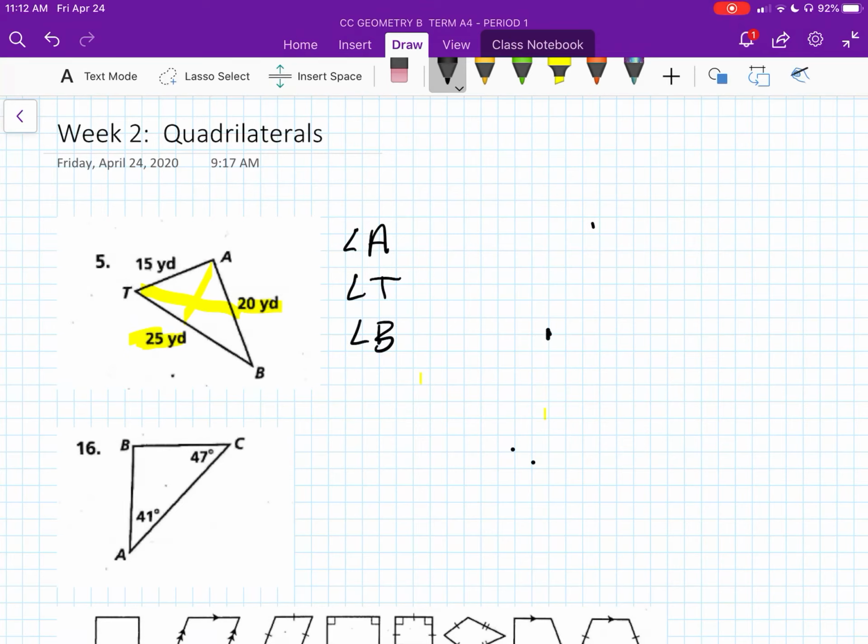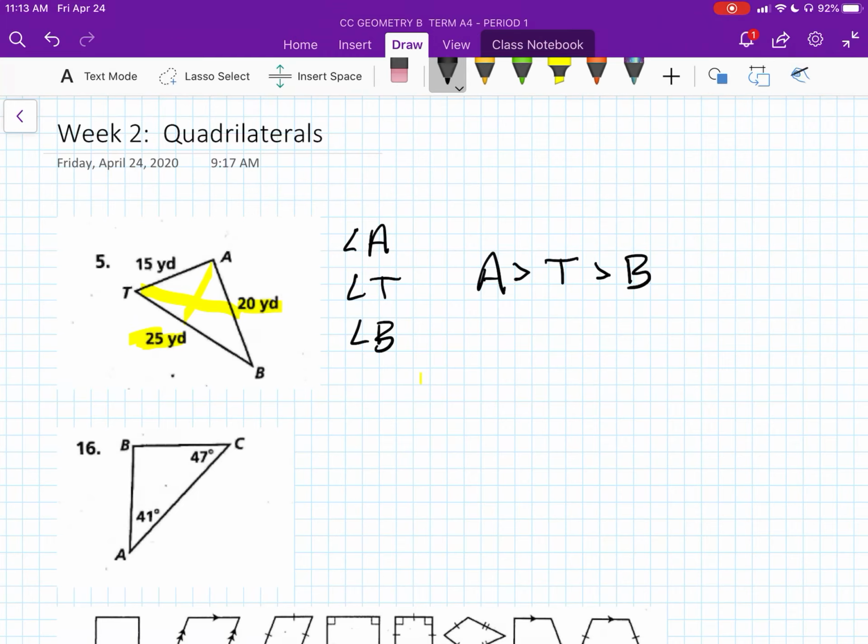So this is from the largest to the smallest. Let's just get rid of these angle symbols because it's going to confuse you. We're just going to say that A is bigger than T, and T is bigger than B, right? So that's the order that they go in.